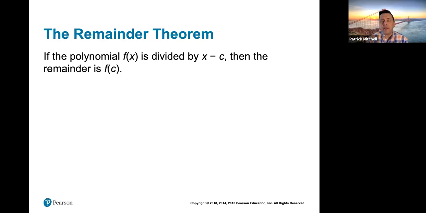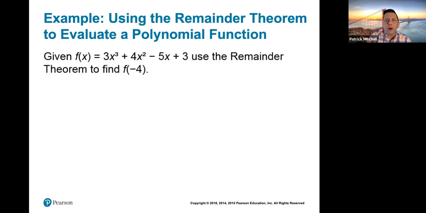First of all, and this is hard to believe when you're first learning synthetic division, but doing the synthetic division is actually a whole lot less work than plugging the number into the function, right? That's not the most important thing about the remainder theorem. That'll come out in a little bit.